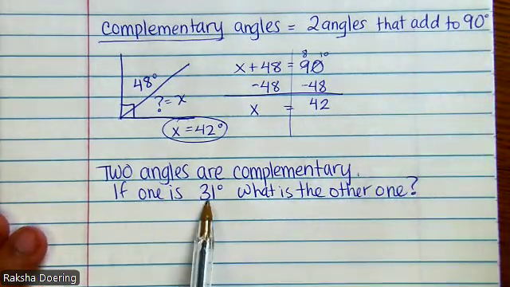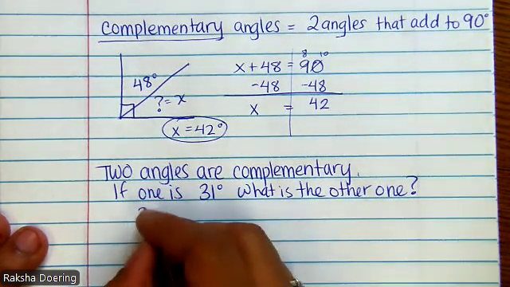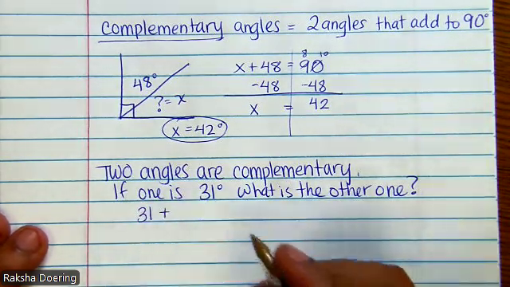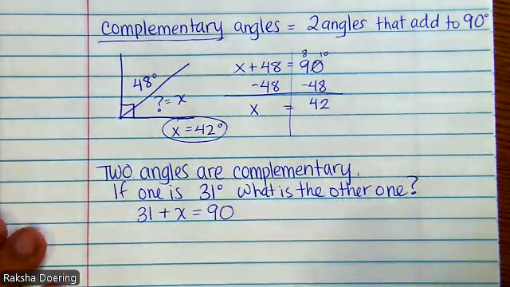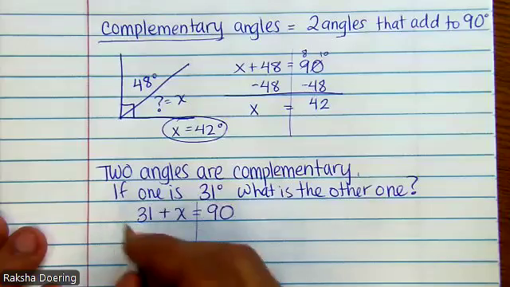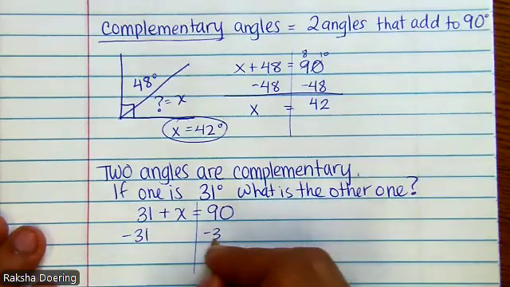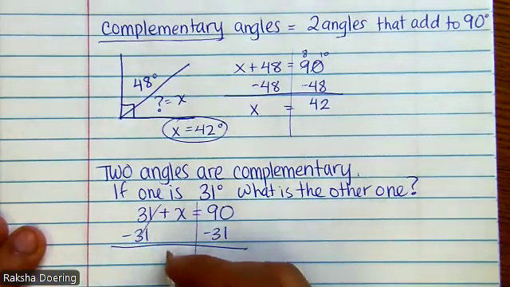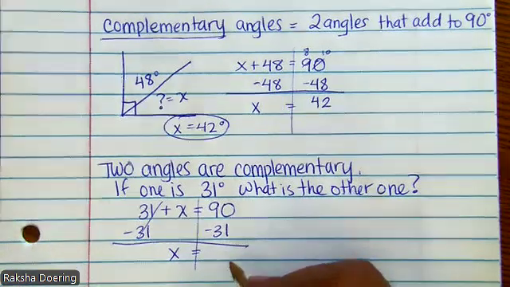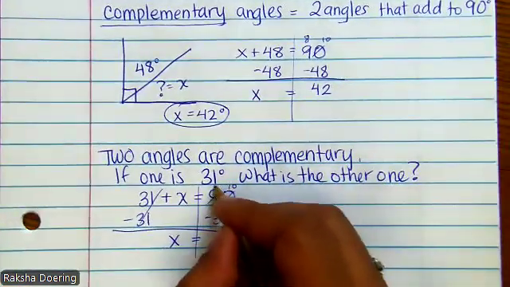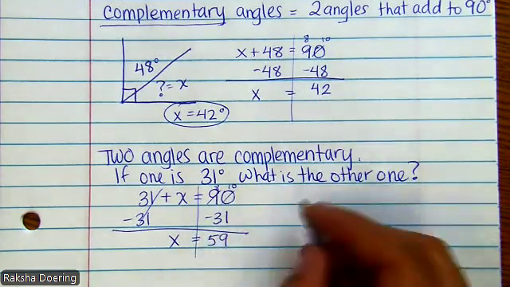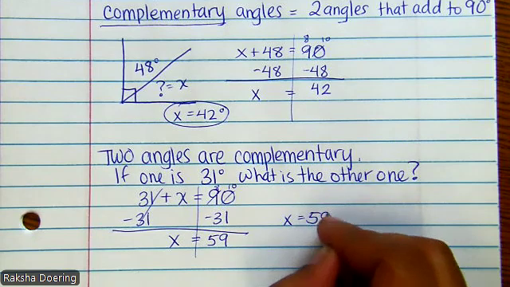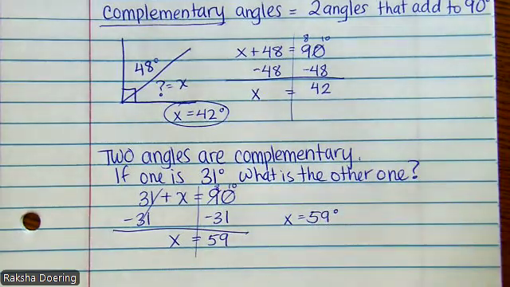So if one of them's 31, I know that the 31 plus whatever missing angle I'm trying to find equals 90 degrees. And again, I could solve it the same way. I'm going to subtract the 31 from both sides. And I get x equals, and here again I have to borrow, so this becomes 10, that becomes 8. 8 minus 3 is 5. 10 minus 1 is 9. So I get x equals 59 degrees.